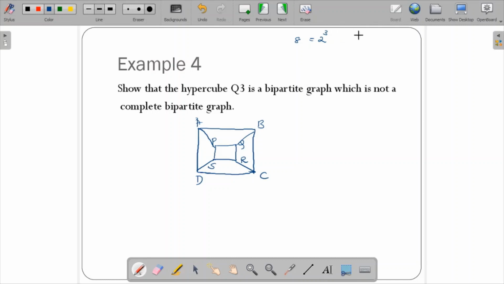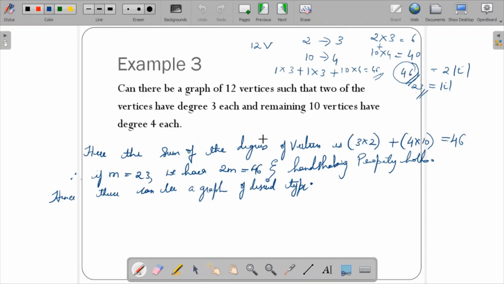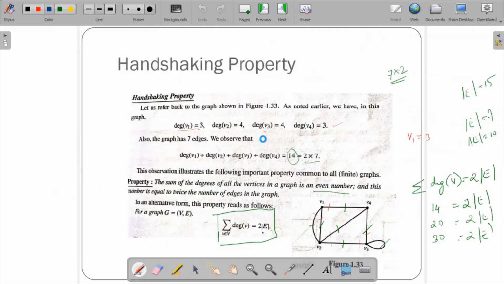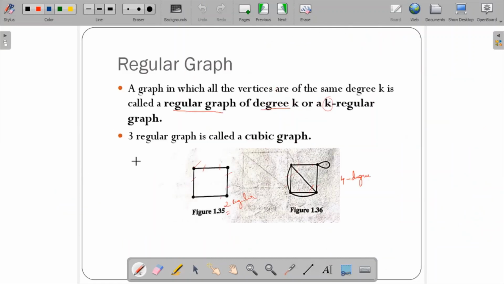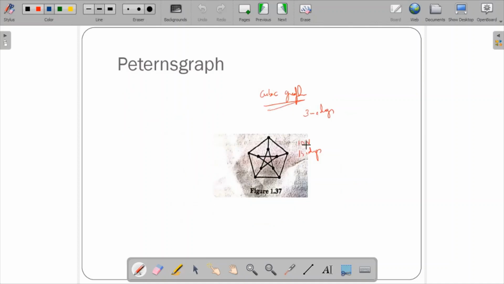That is, you can have 2 to the power k vertices. If you had seen the definition of regular graph, if you go back to the regular graph, here we had seen 2 regular graph, 4 regular graph, and 3 regular graph was a cube.